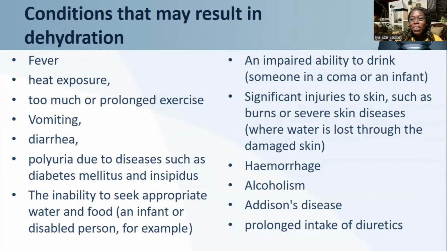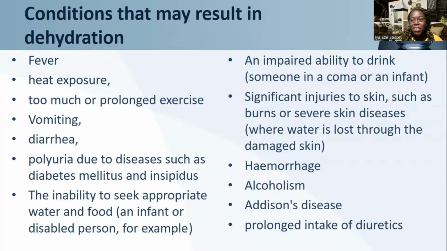Then if you do a lot of exercise over a period of time, prolonged exercise, yes, you may have dehydration. When you vomit, you also lose a lot of water alongside acid. Yes, that can also cause dehydration.